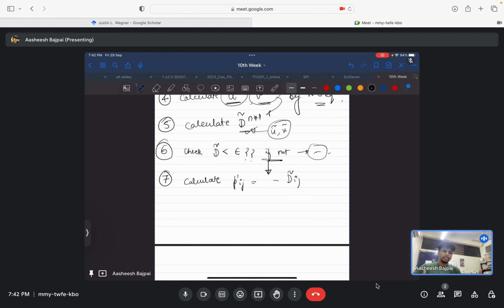Obviously in the first time step it is not converged. So we come to the 7th step, which involves 1 by delta x square plus 1 by delta y square. This is just for calculation of this p tilde ij term if it is not satisfying.